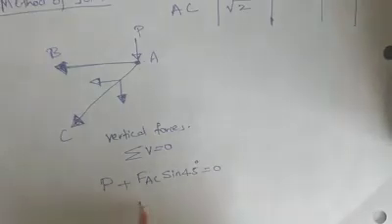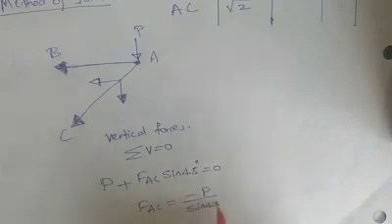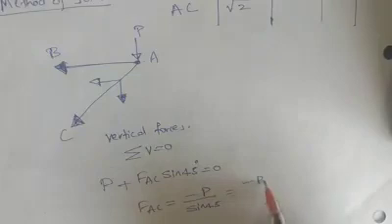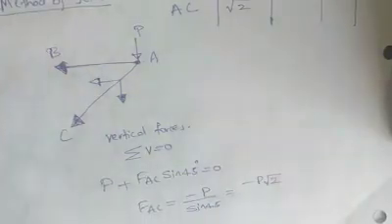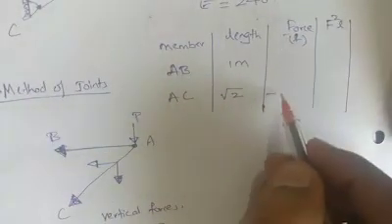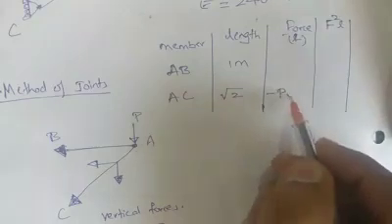So FAC will become minus P by sine 45. Sine 45 is 1 by root 2, so minus P by 1 by root 2 will become minus P root 2. So FAC is equal to minus P root 2.